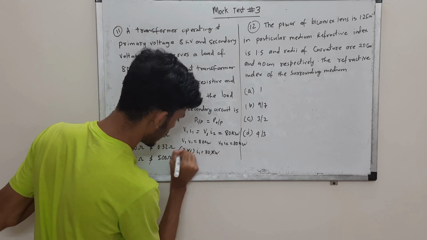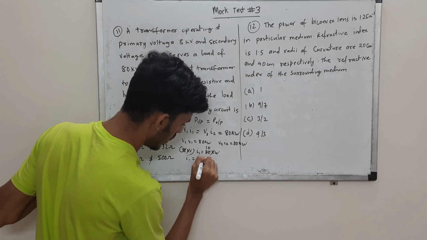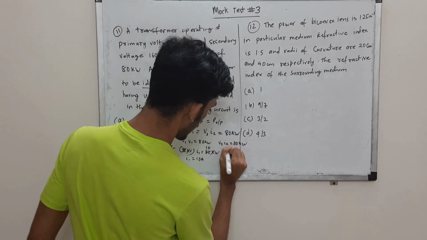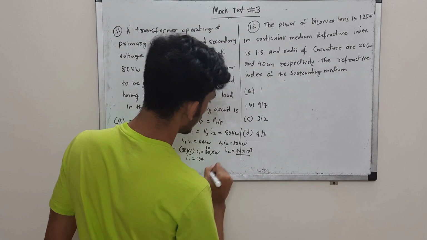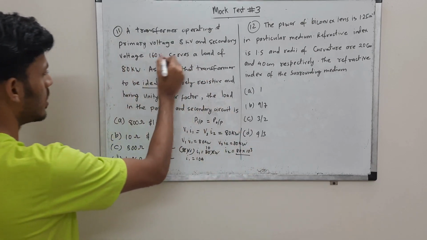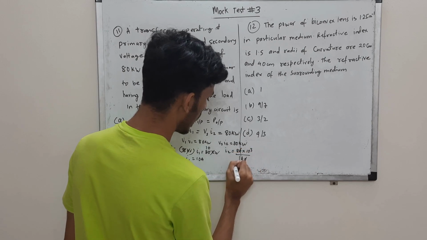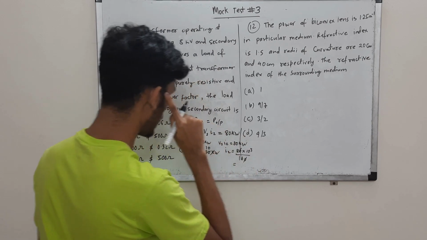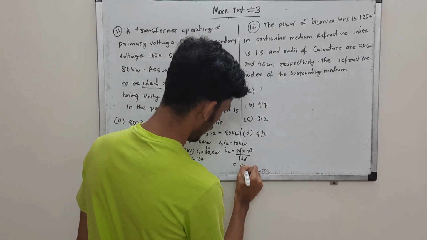Kilo gets cancelled, so I1 is 10 amperes. Let's find I2. I2 will be 80 times 10 to the power 3, because here we have volts, not kilovolts. This and this will get cancelled. 8 by 16 is 0.5, so 500 amperes.